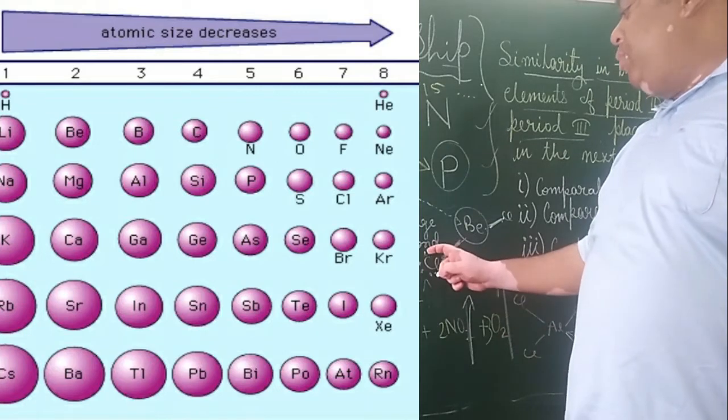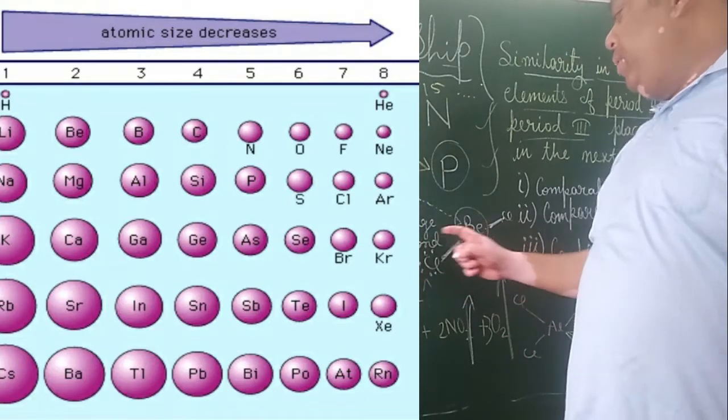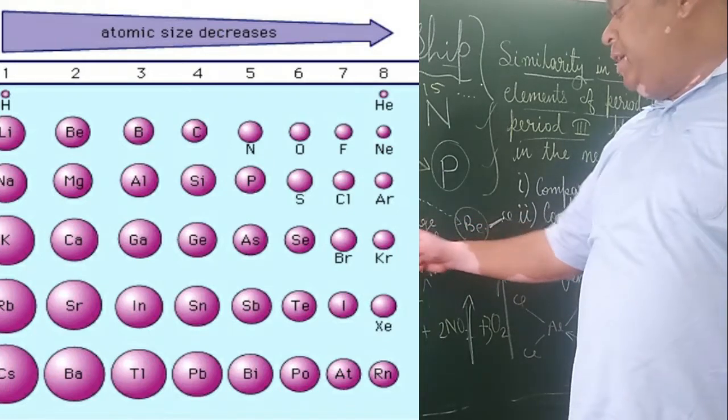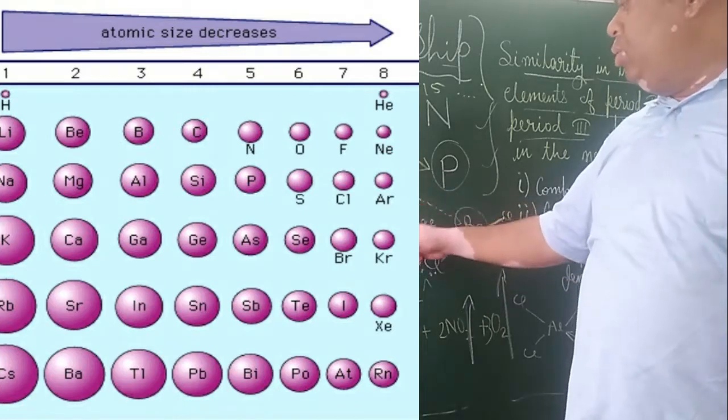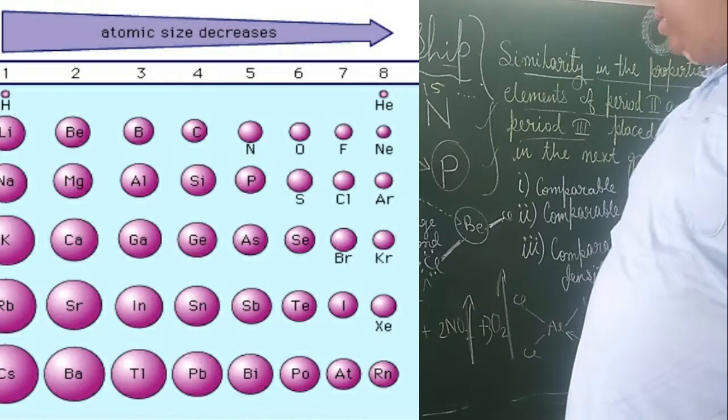A bridge bond is the bond which is formed due to the presence of a third atom between two atoms which are not bonded directly. See, there is no direct bond between beryllium and beryllium, but they are bonded through another atom. That is why this is called a bridge bond.